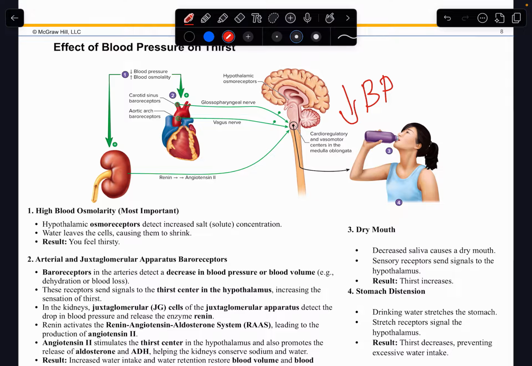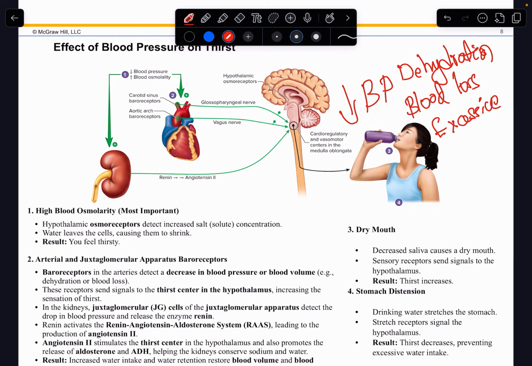That means what? Dehydration. Or sometimes accidents happen, blood loss. Or you are running outside in summer, so it can be excessive sweating. Any of these things can cause what? A decrease in blood pressure because you lose water.